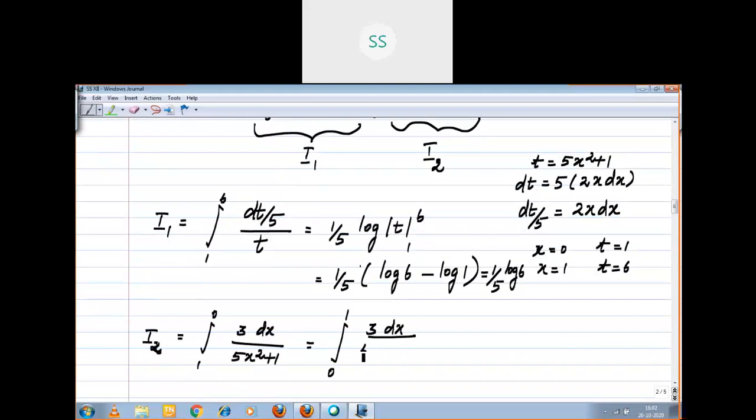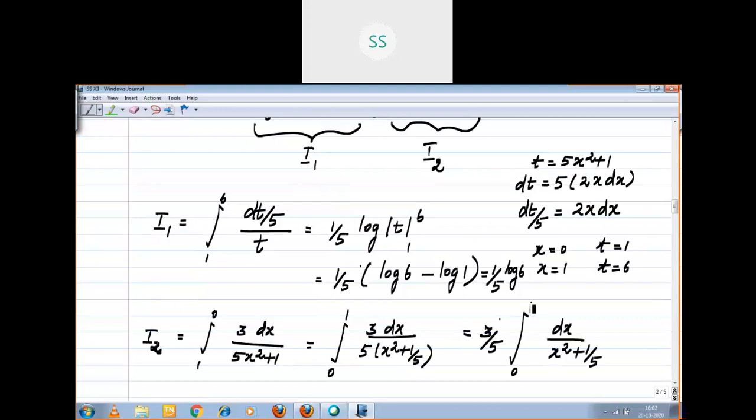3 dx divided by, in the denominator, I am going to take 5 as common: x square plus 1 by 5. Now it is equal to 3 by 5 integral 0 to 1 of dx divided by x square plus 1 by 5.